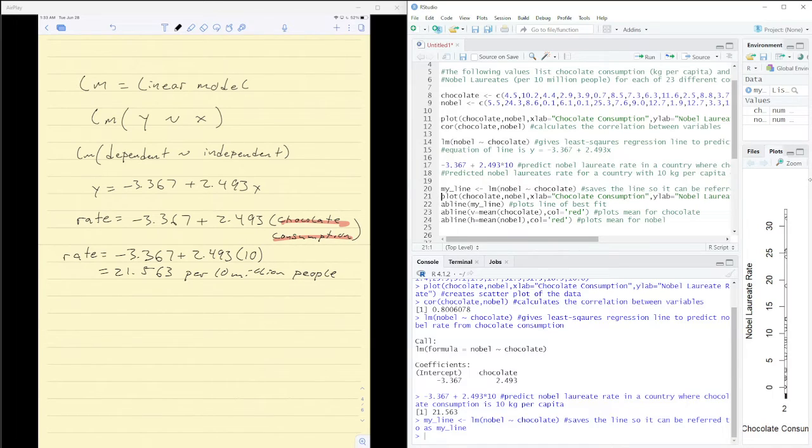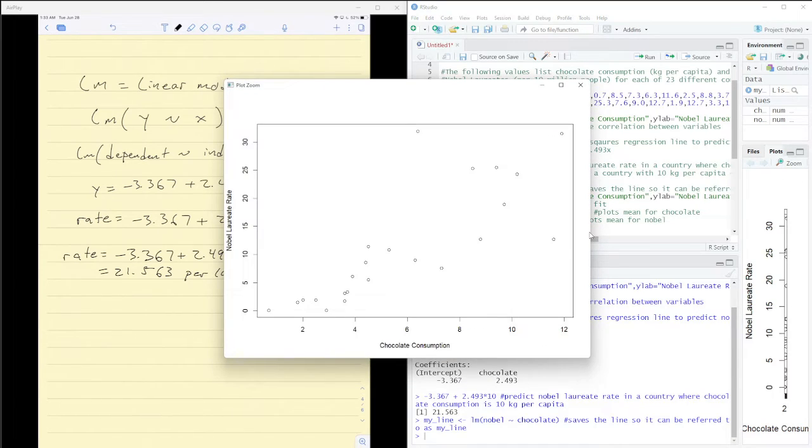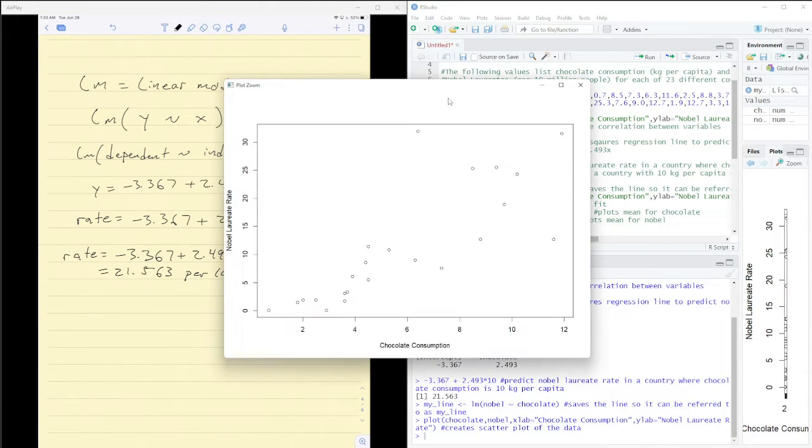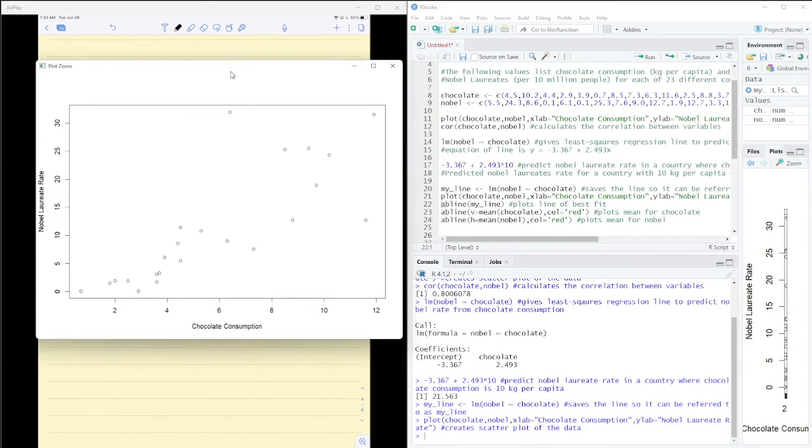We saw this plot earlier, right? So next what you see here is this abline. What abline does is, if you have an existing plot open already, it's going to overlay a line on top of that.